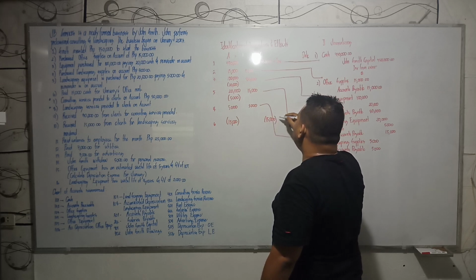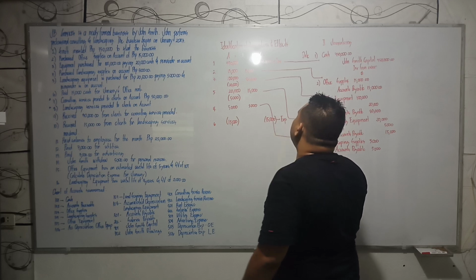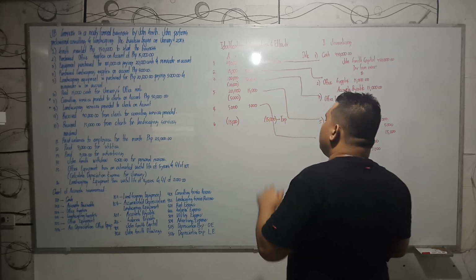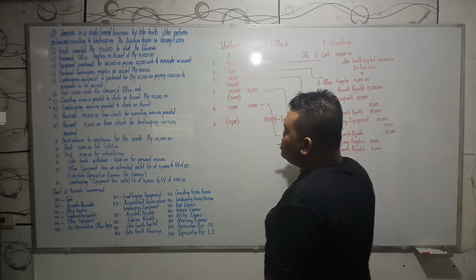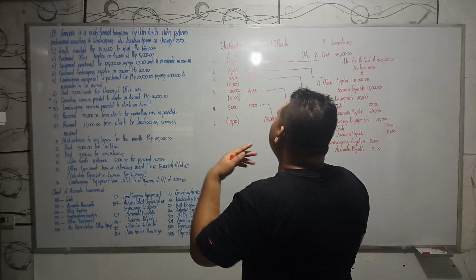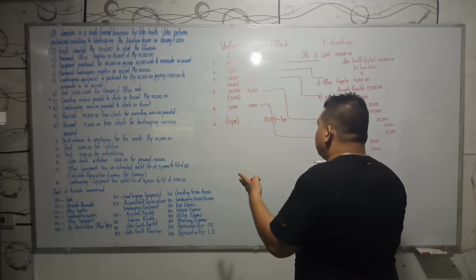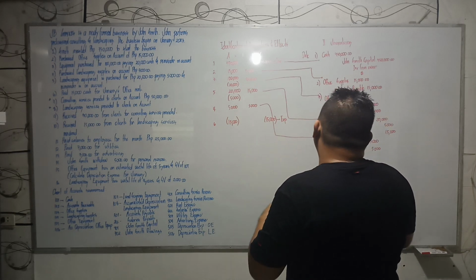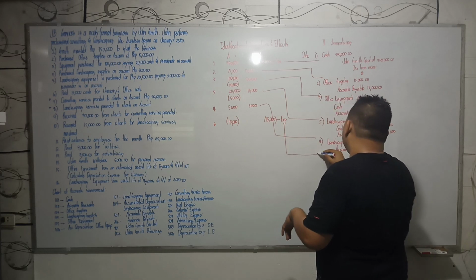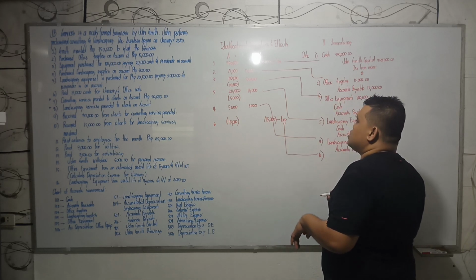But this 15,000 is an expense, right? There are only two things that will decrease the capital. If you can still remember, that's the withdrawal, and the other one is the expense. And in this case, in number 6, that is the expense.